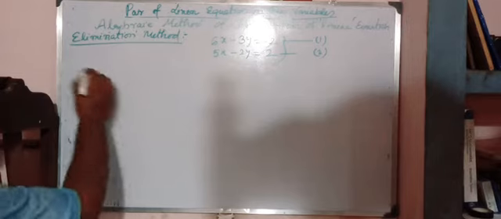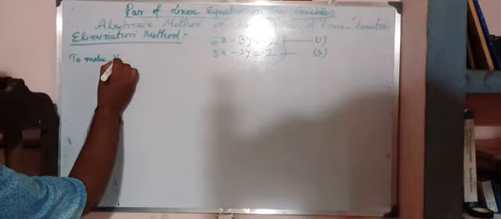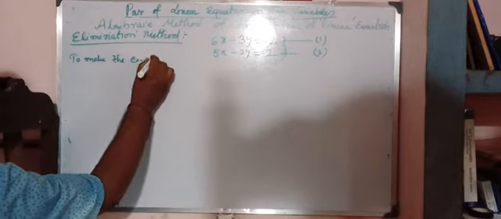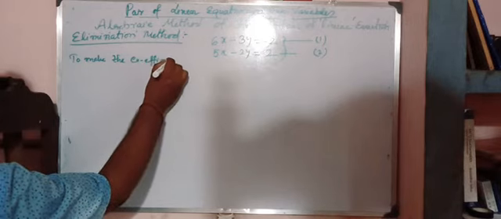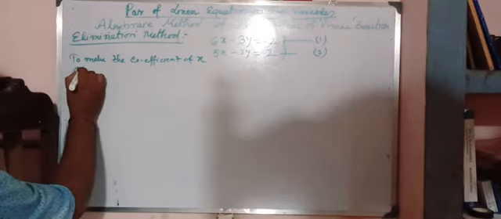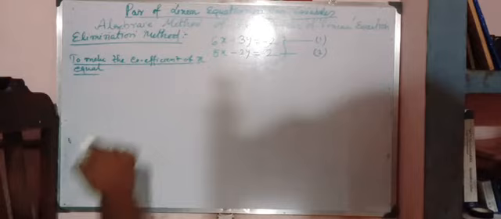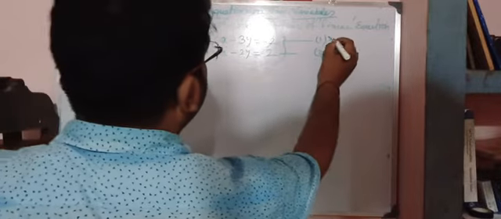Now, to make the coefficient of x equal, we have to multiply equation 1 by 5 and equation 2 by 6.